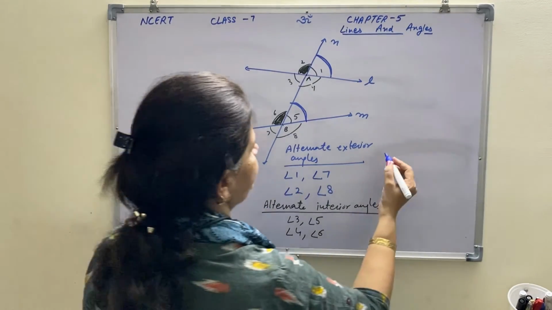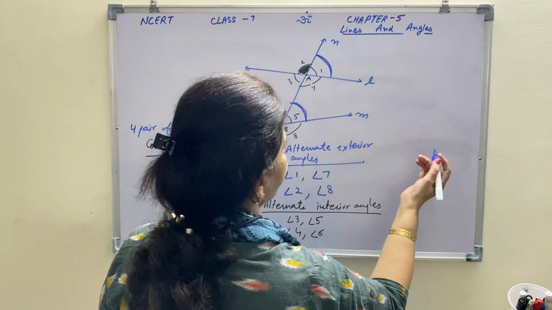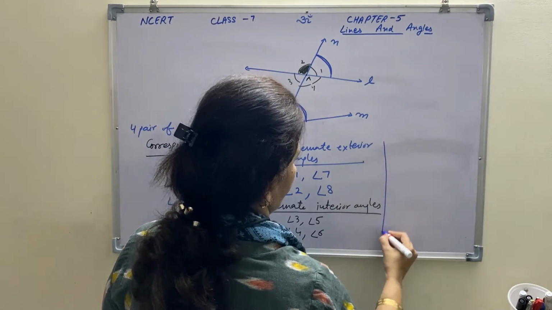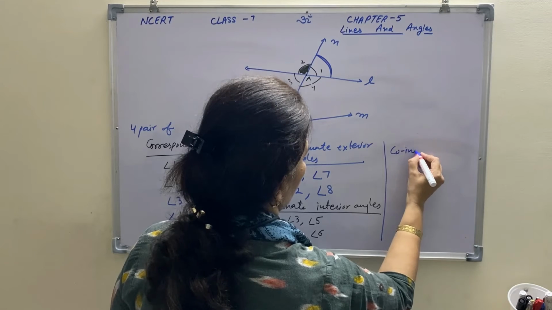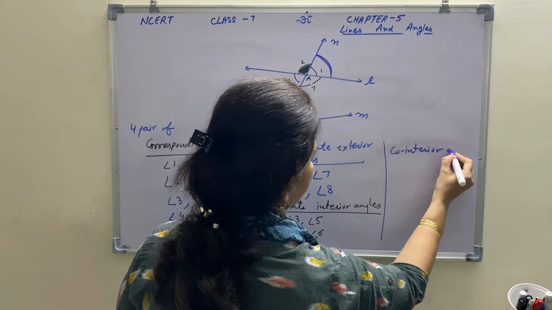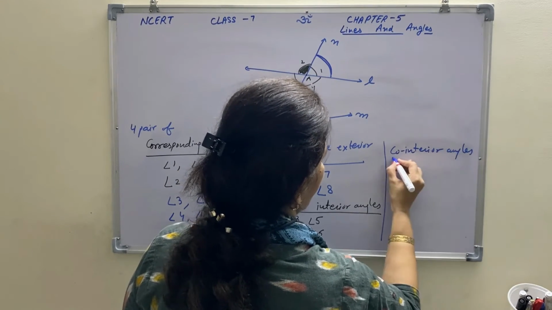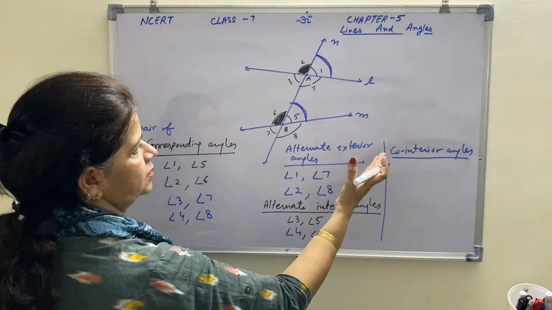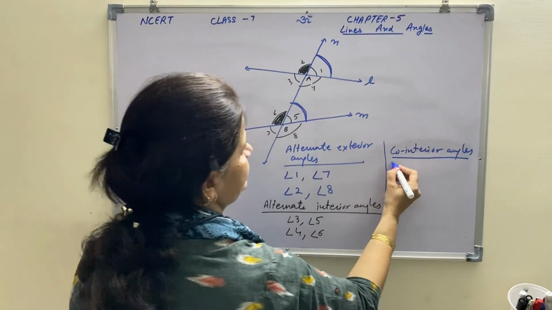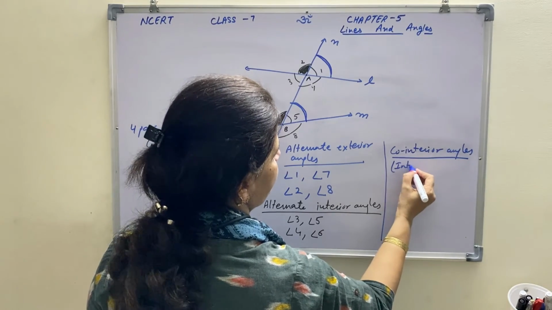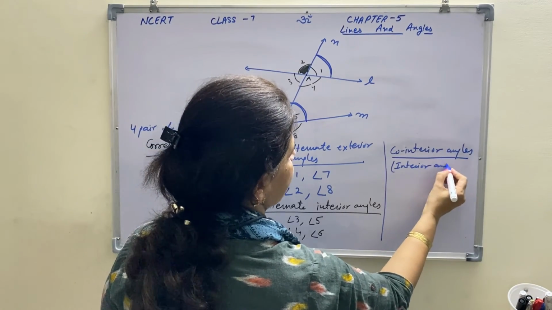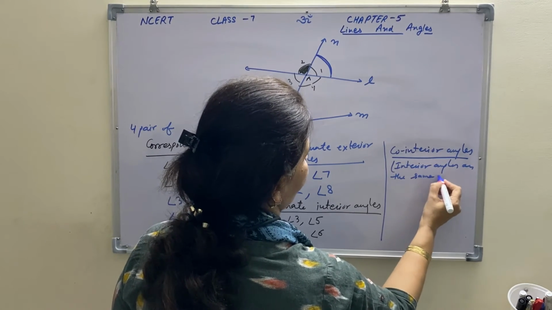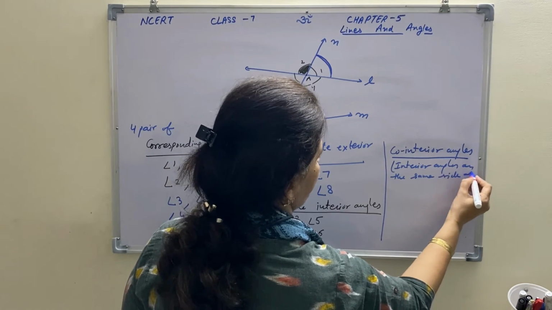The last combination is which we call co-interior angles. Co-interior angles means interior angles on the same side of the transversal.